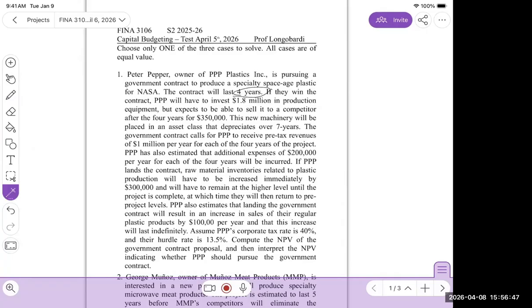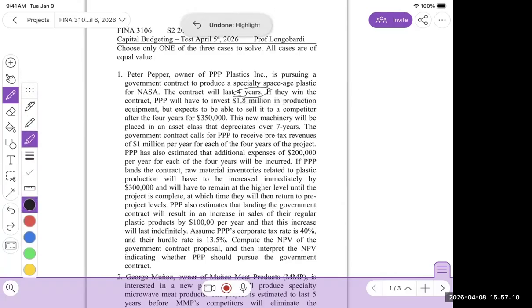If they win the contract, PPP will have to invest $1.8 million in production equipment. So that is our initial cost, initial investment, capital spending, initial outlay. Those are all the terms used to identify this investment.